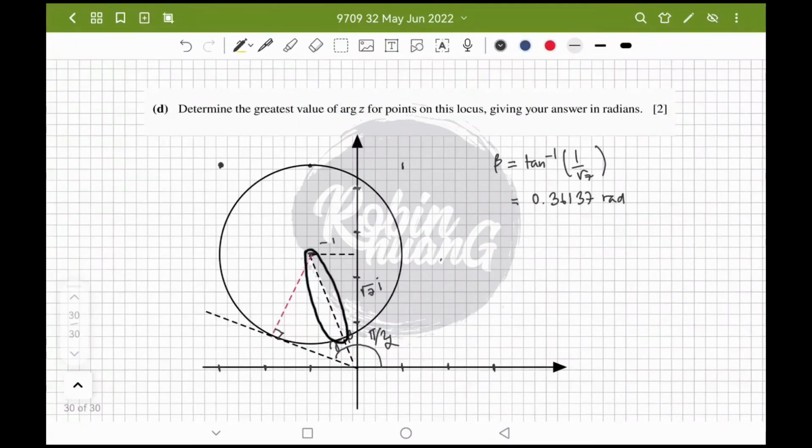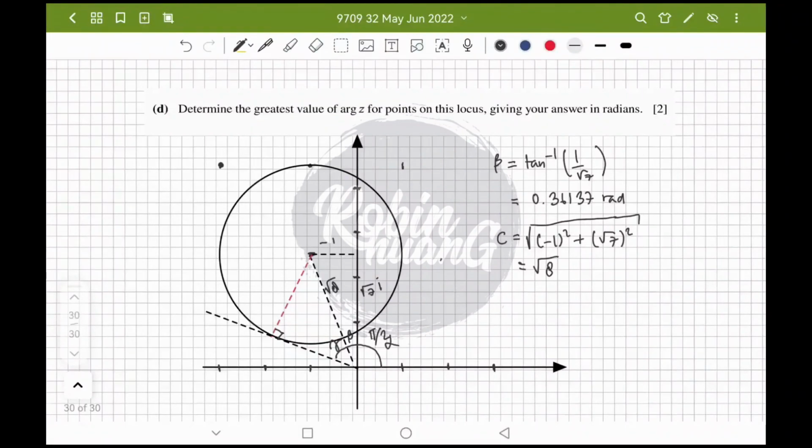The hypotenuse is square root of (-1 squared plus square root of 7 squared), so that would be square root of 8.